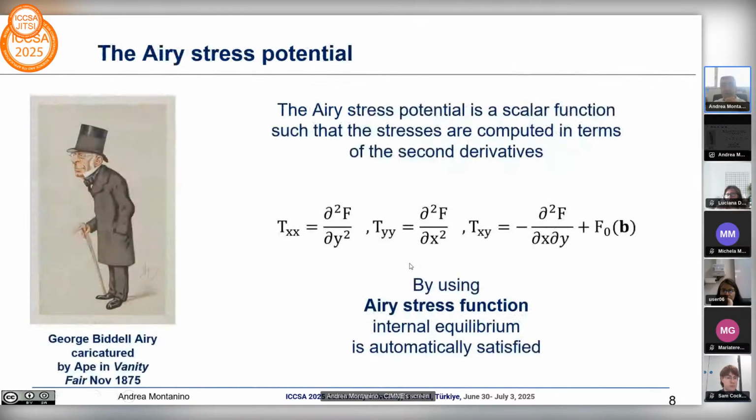We can also introduce a scalar functional, that is the Airy stress potential, which is defined such that the stresses are functions of the second derivative of this Airy stress potential. If we introduce this formulation in the equilibrium equation, we can see that the internal equilibrium is automatically satisfied.